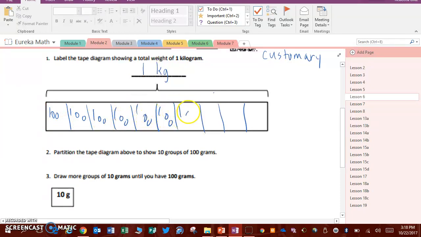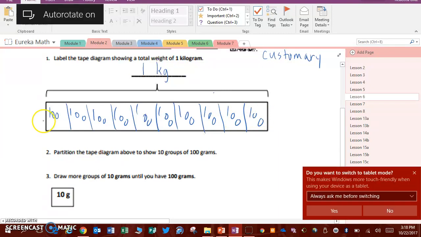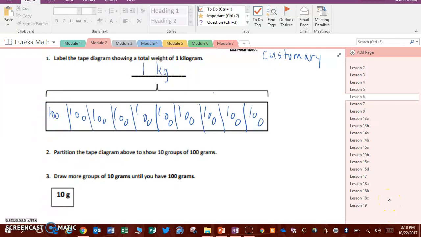Grams are smaller than kilograms. Okay, 1 gram is about the weight of a paper clip. So it's very, very light. But if you put 100 of them together, you get 1 section here, like we're looking at in our tape diagram. If you put 10 groups of 100 paper clips, you have 1,000 grams, which equals 1 kilogram.